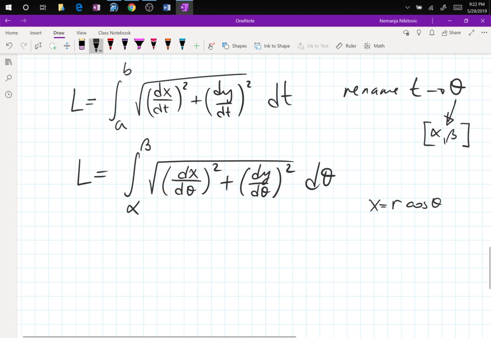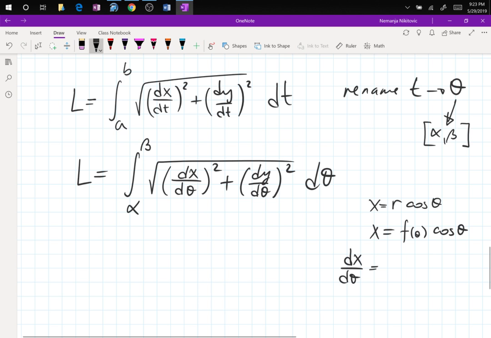So technically x is equal to f of theta cosine theta. So if I want dx d theta so I can replace it in here, then I have to differentiate this and use the product rule.